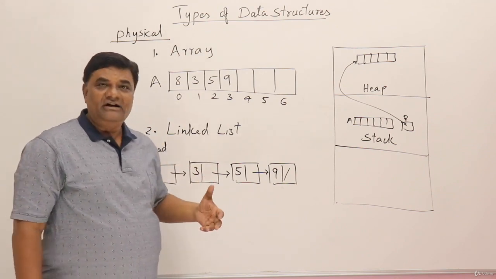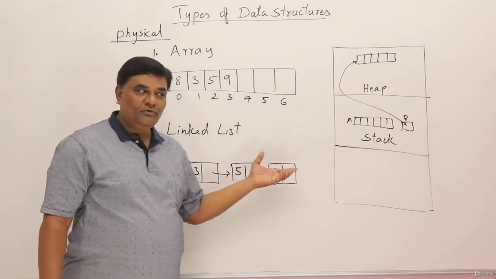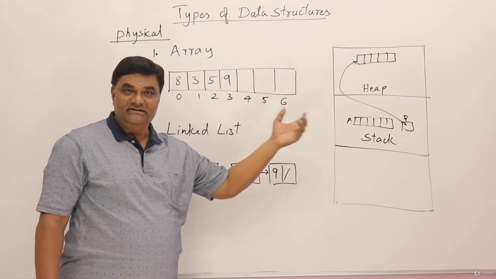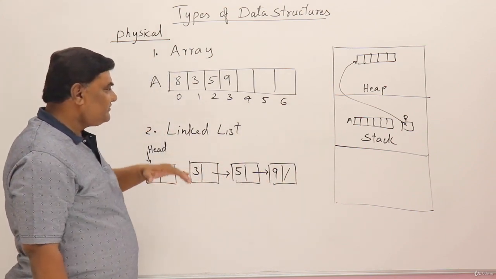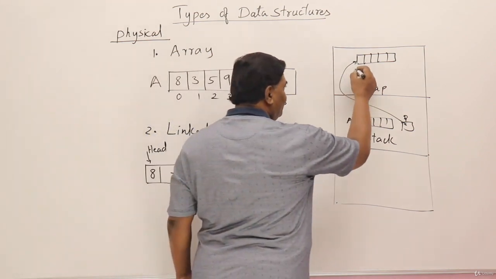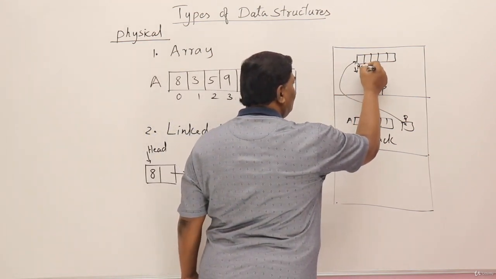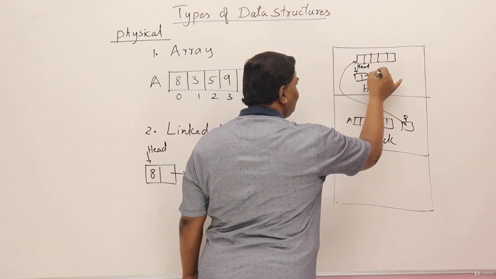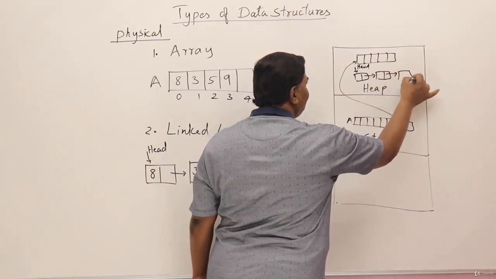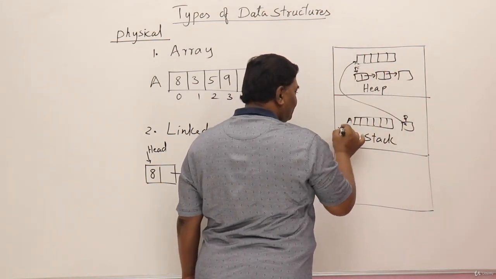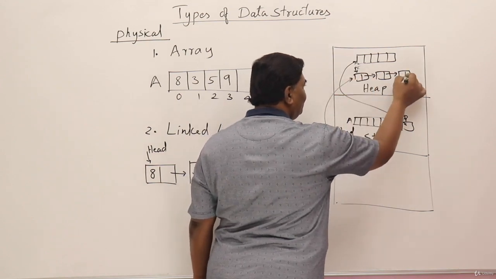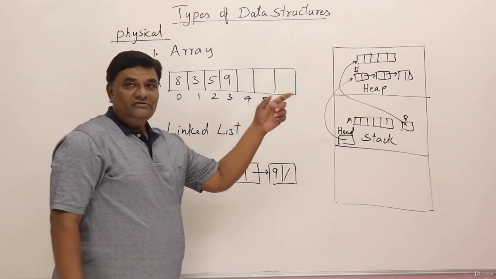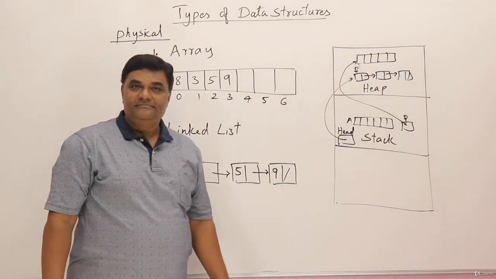As per your requirement, you can go on adding more and more nodes and add more elements, or you can reduce the size. This linked list is always created in a heap. The collection of nodes is always created in a heap. Like head may be a pointer that is pointing there, so the head pointer may be inside the stack. So a linked list is always created in the heap.